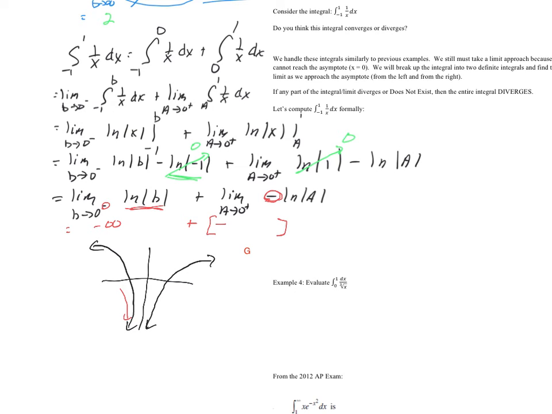As I approach a from the right side of 0, which is also a negative infinity, okay, so then if we rewrite this here, I have negative infinity minus a negative infinity.